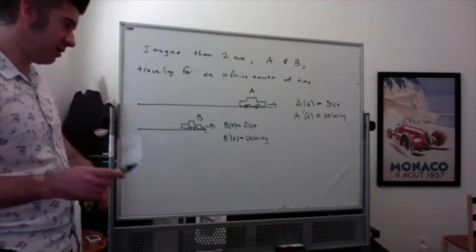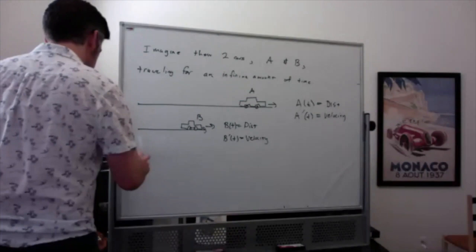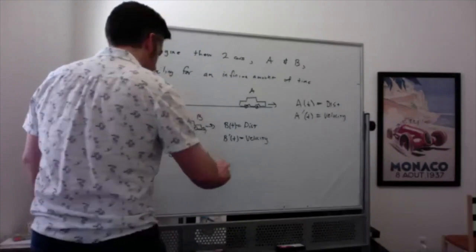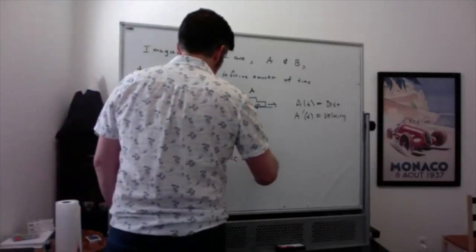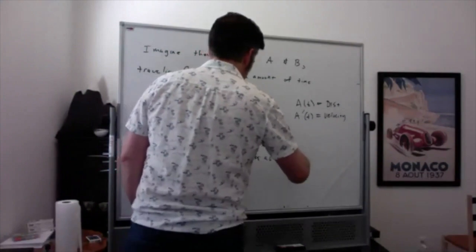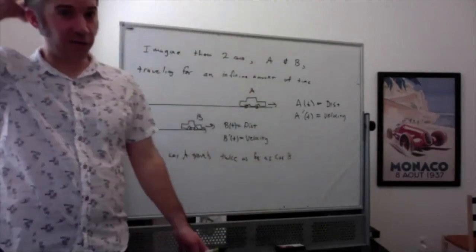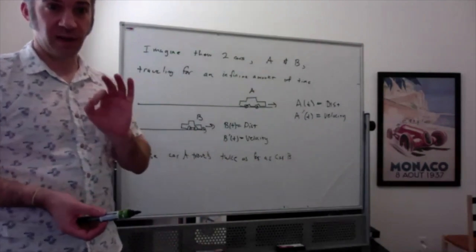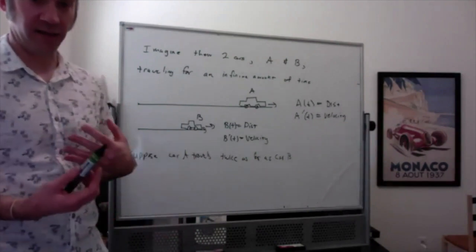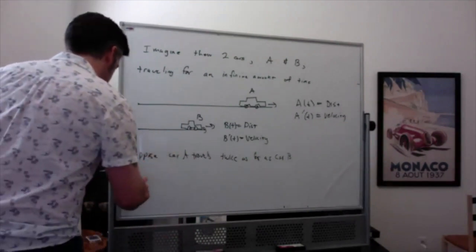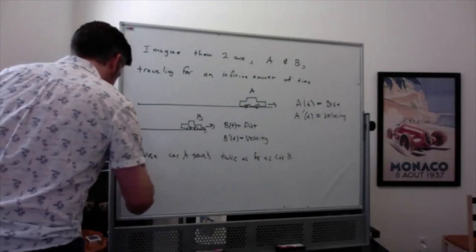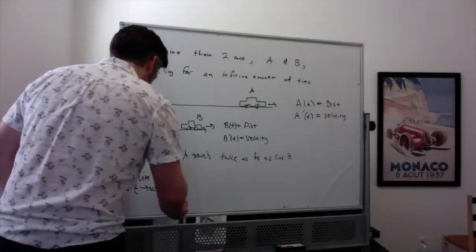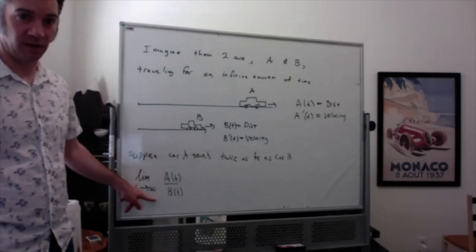Now, and this is the important part, let's suppose that car A travels twice as far as car B. So they go forever and ever, and at the end of forever, car A has gone twice as far as car B. There's a mathematical expression I can write to show that: the limit as t goes to infinity of A of t over B of t, the distance car A traveled divided by the distance car B traveled.